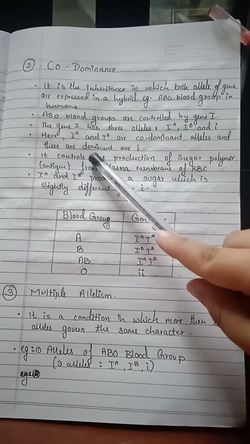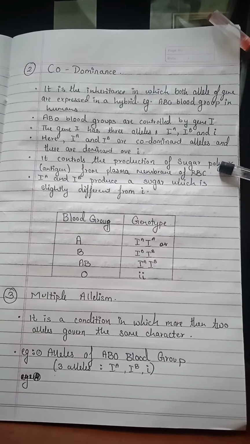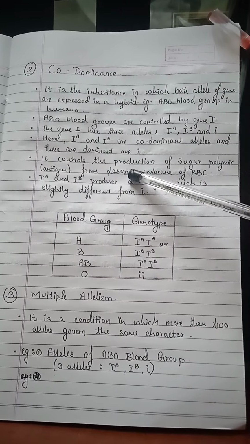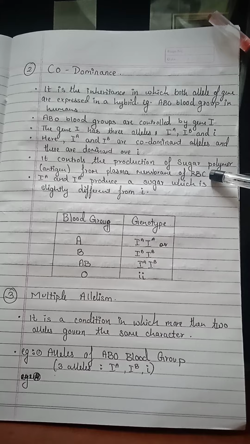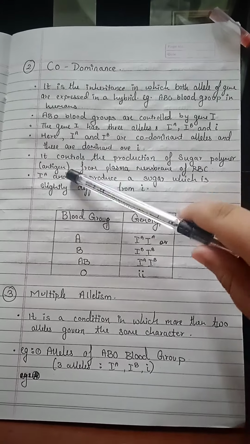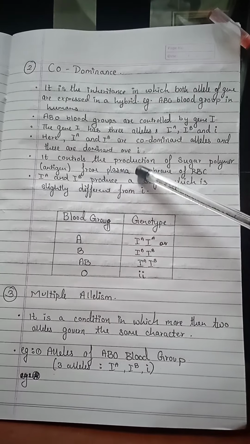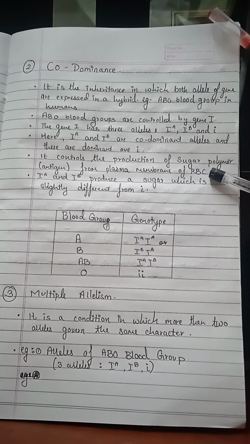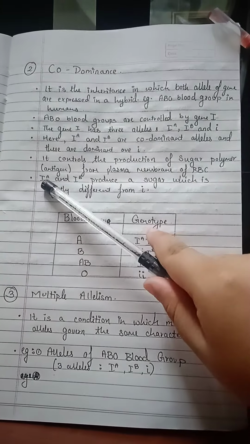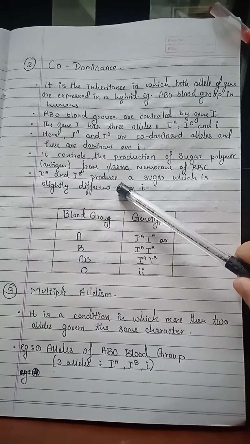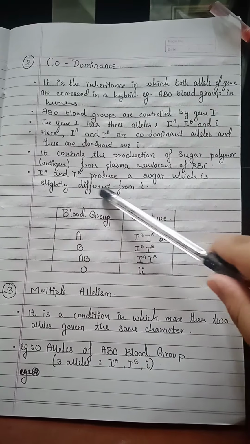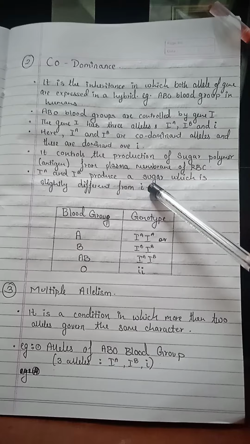The gene I controls the production of sugar polymer from the plasma membrane of RBCs. IA and IB produce a sugar which is slightly different from small i.